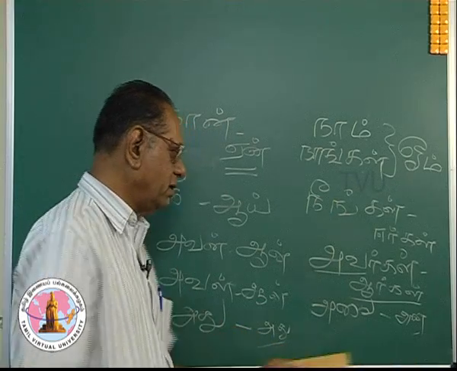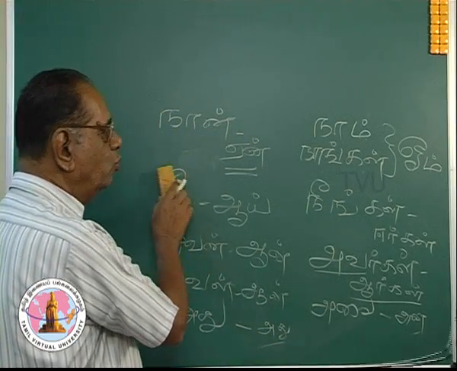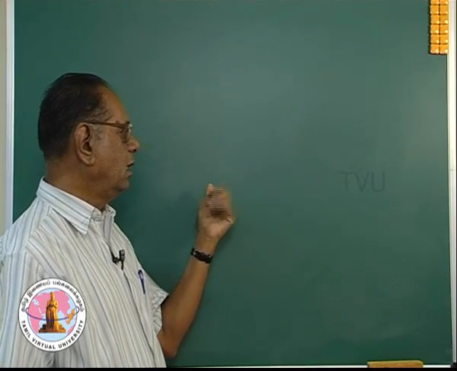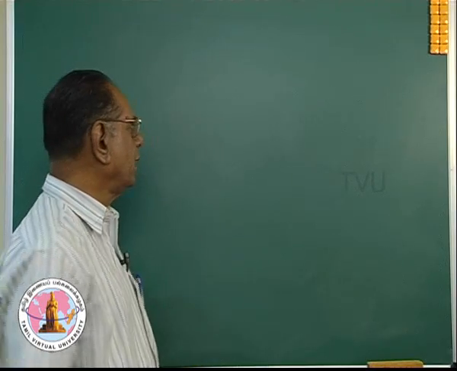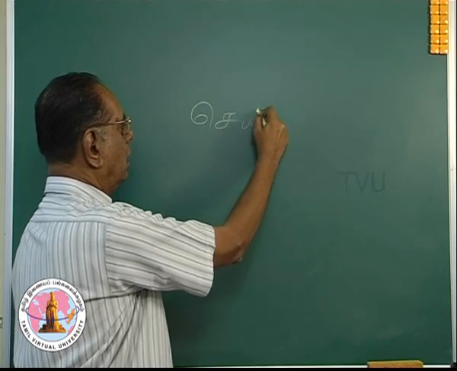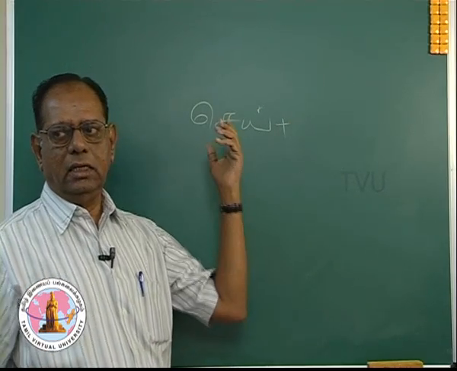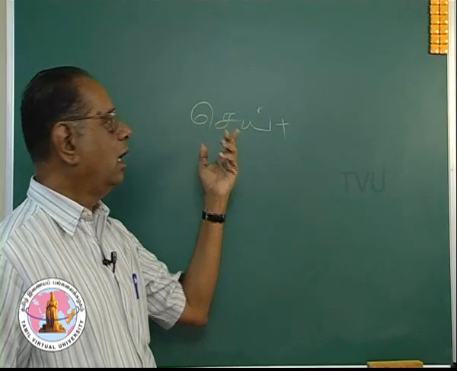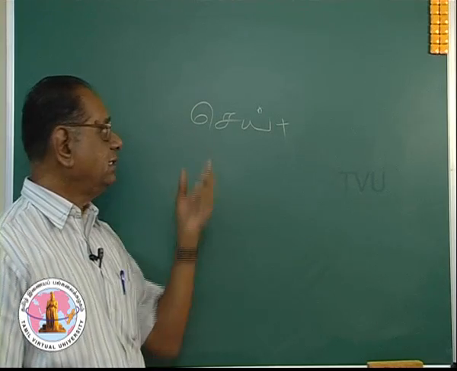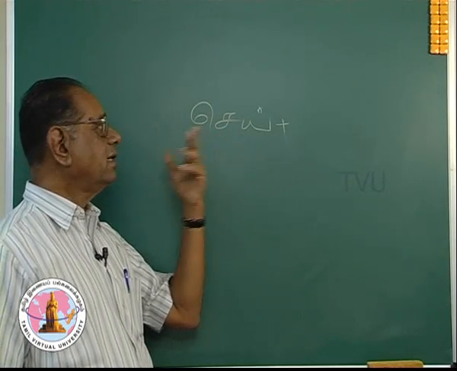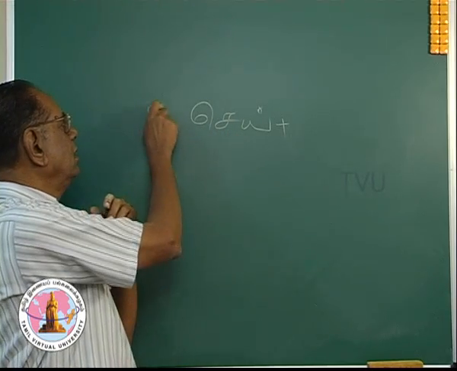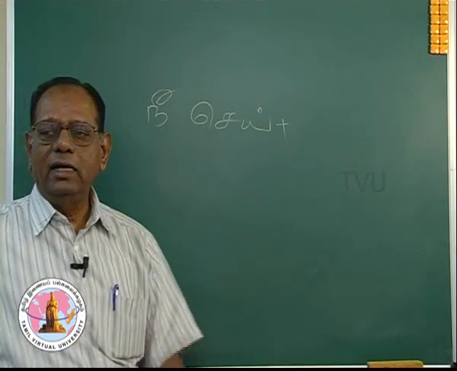Now, we shall take up how these are being used. Unless you have a good exercise about these things, it will not be clear. Say, செய், to do. I want to make it a finite verb. As it is, it is a command. If I leave it as it is, the subject will be you, as we saw earlier.